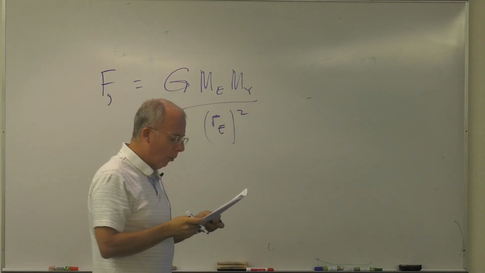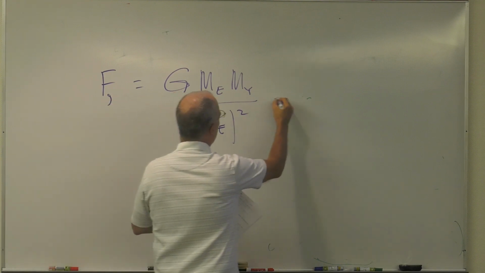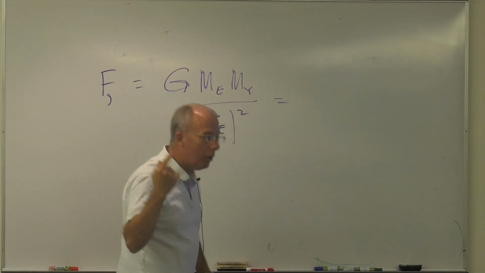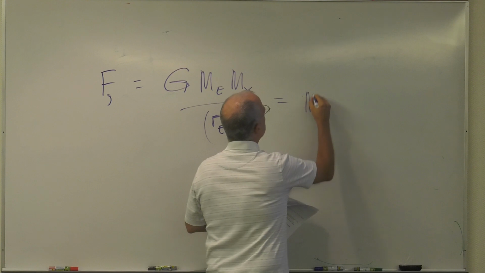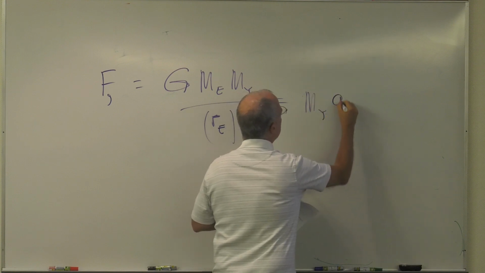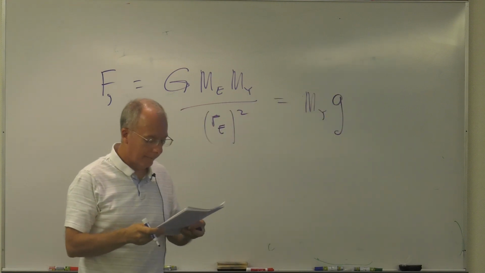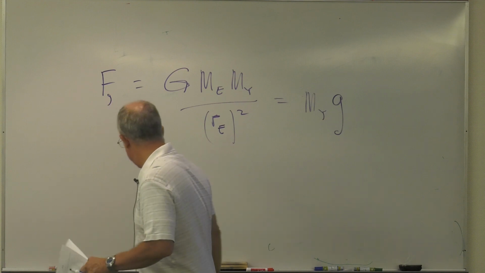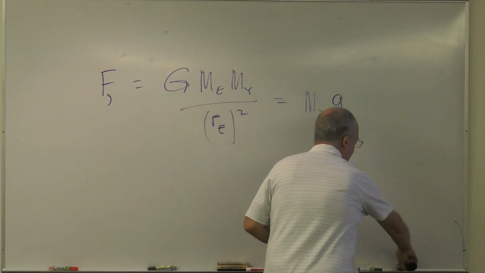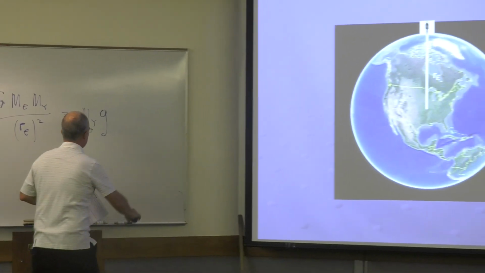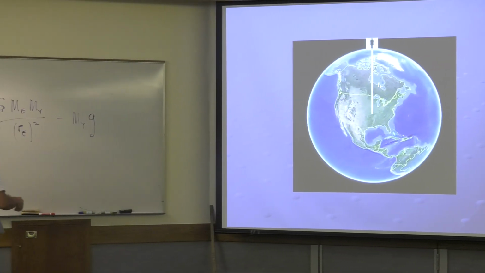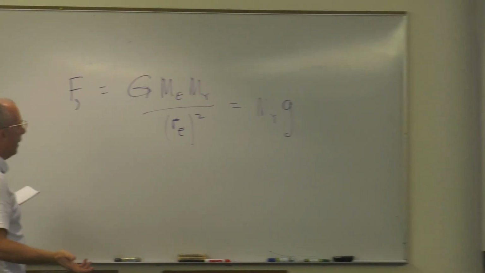Now, wait a second, what else is this? The force of gravity that Earth exerts on you, isn't that your weight? Yeah, that's your weight, right? So that's just the mass of you times good old little g. So that's cool. There's nothing really new there. All right. Now, what is an equation for little g?